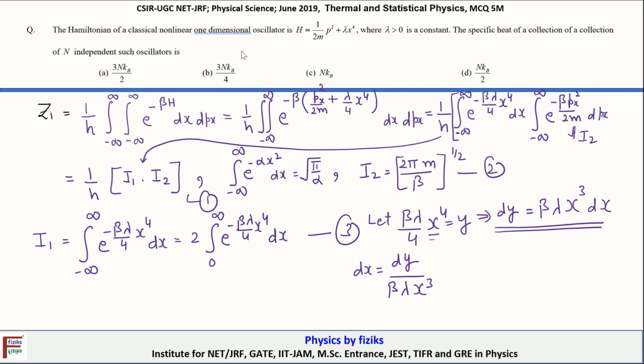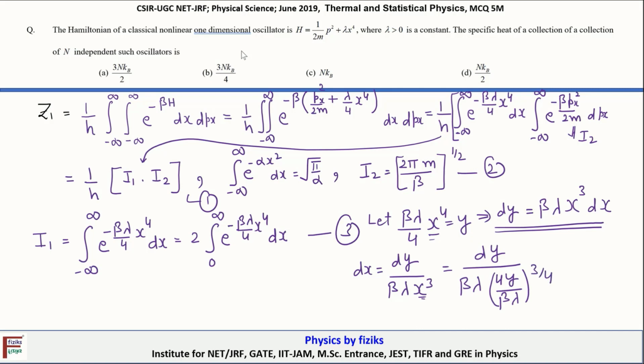So again from here we can find x and rewrite x in terms of these parameters. After substituting the value of x here, this turns out to be equal to dy upon beta lambda multiplied by 4 by beta lambda power 3 by 4.